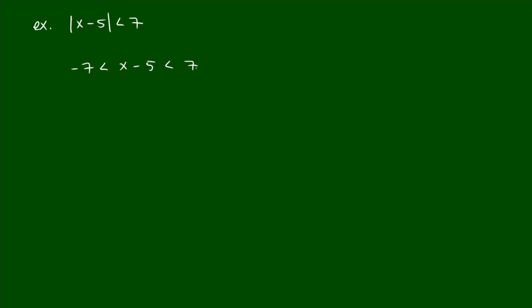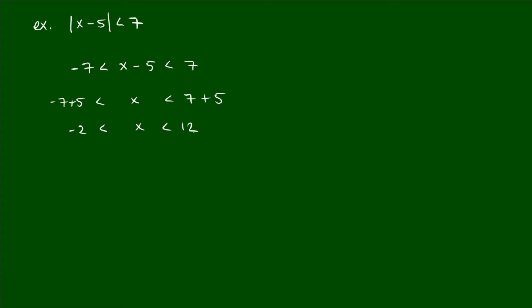Now, you're going to add a 5 to the left side and the right side to get rid of the 5 in the middle, right? So you end up with negative 7 plus 5 is less than x. If you add 5 to the middle, you'll end up with x, and you have 7 plus 5. So now here you end up with minus 2 is less than x is less than 12.